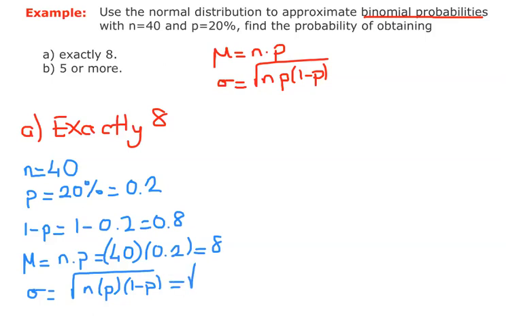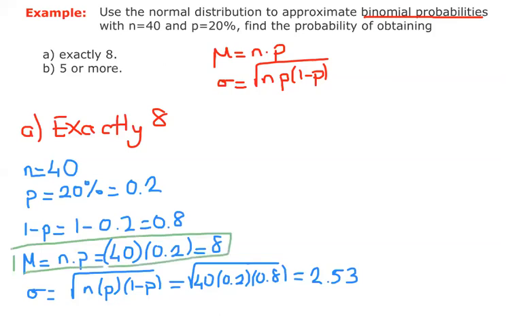So n is 40, p is 0.2, and 1 minus p is 0.8. When I do this, I get approximately 2.53. So mu is 8 and the standard deviation is 2.53.